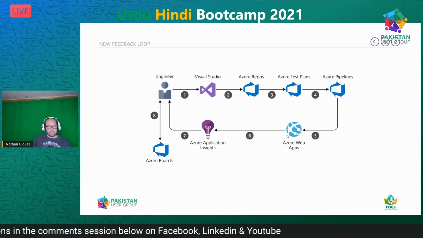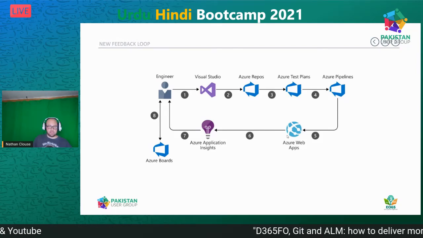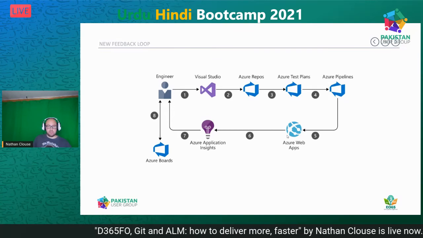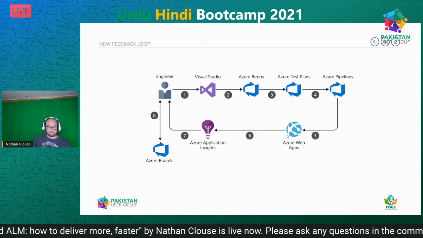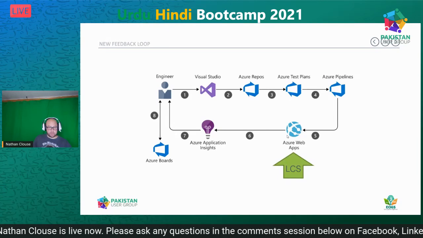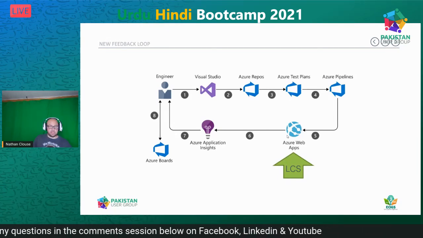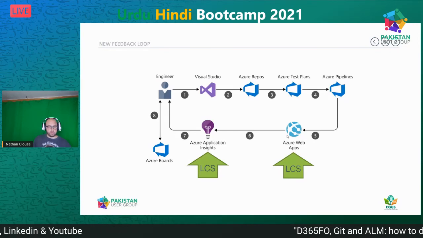You have your engineer working with Visual Studio using Azure Repos like Git, and using test plans like SysTest and ATL in conjunction with pipelines, and that will build, test, orchestrate, and deploy some of our apps, which would be Finance and Operations, using LCS. And then inside LCS, we can get feedback as to what's going on in our apps and then go back to our engineer and our Azure Boards to resolve.